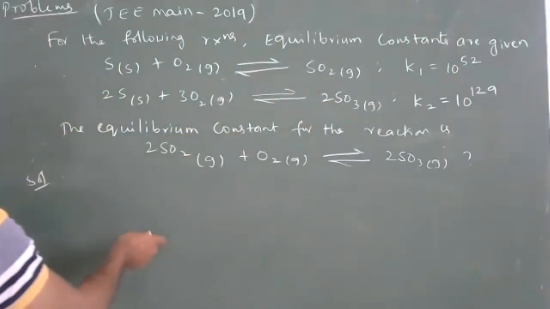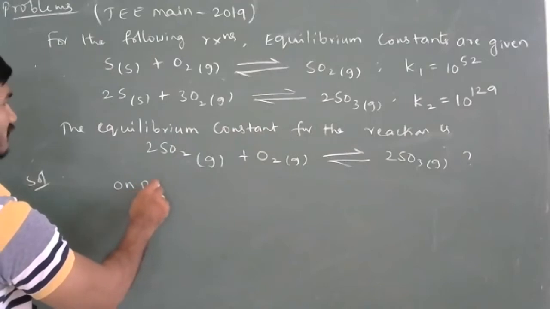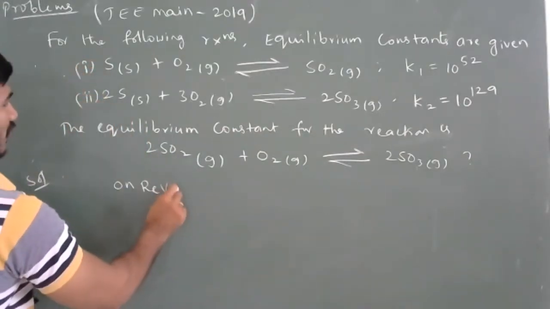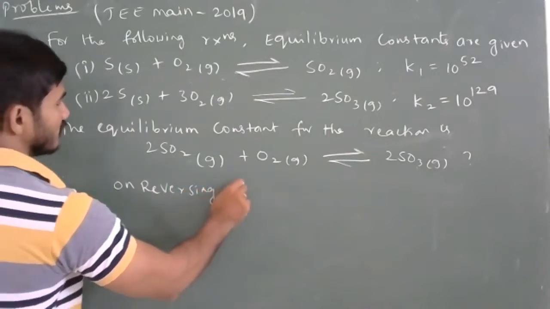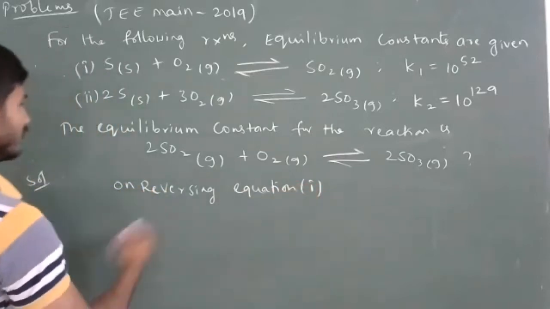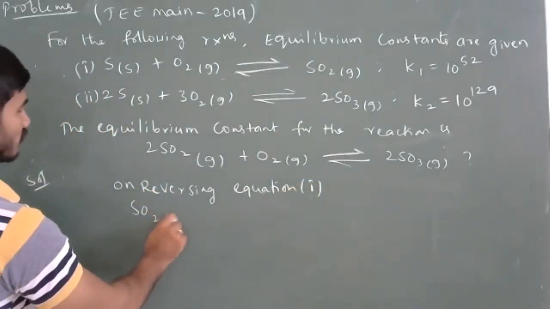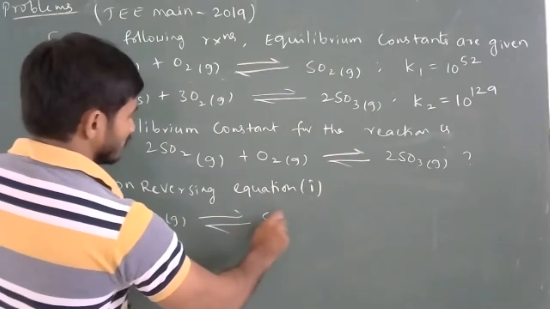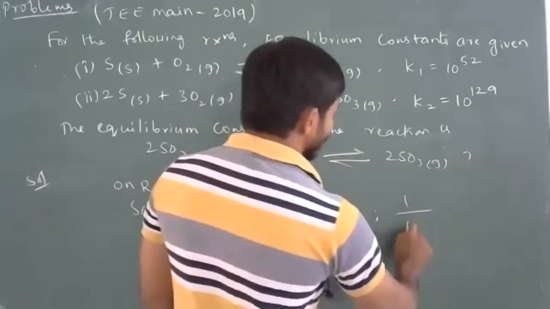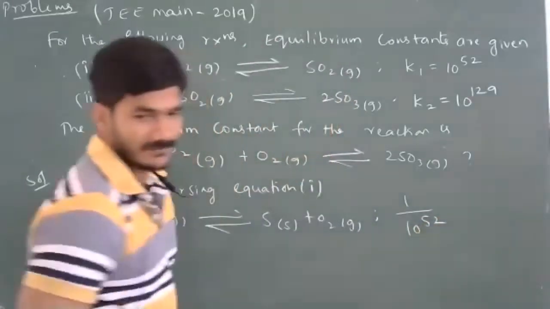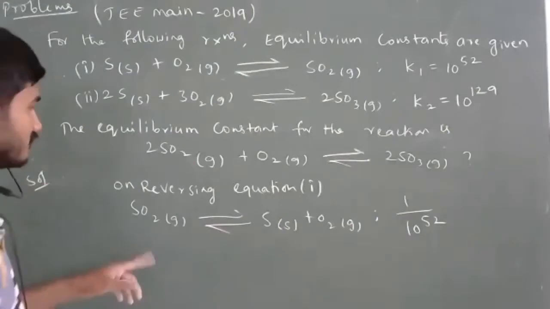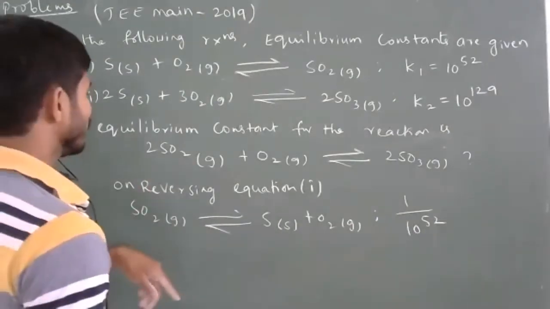On reversing equation 1, SO2 gas converts into S solid plus O2 gas. For this the equilibrium constant is 1 by 10 power 52.